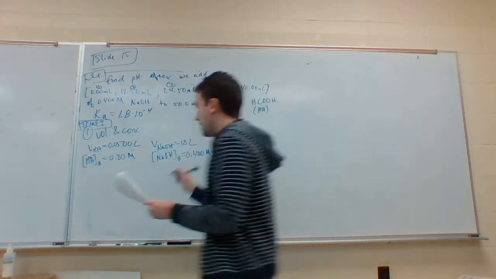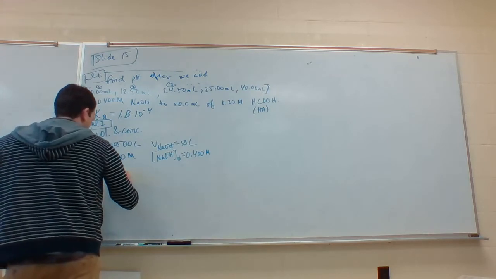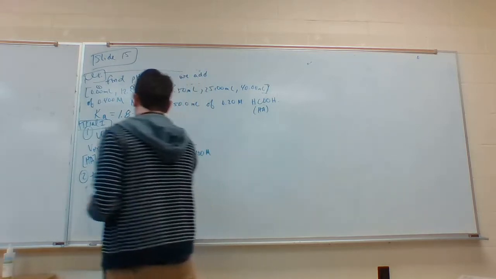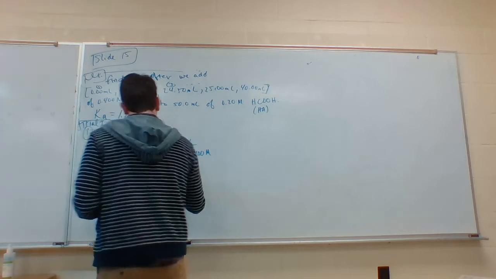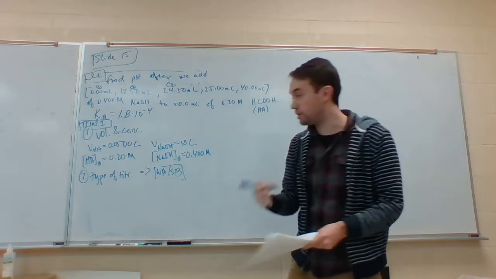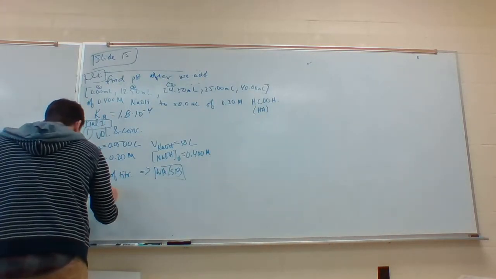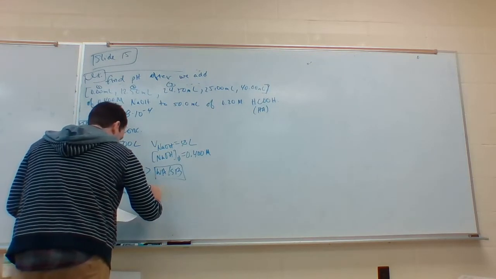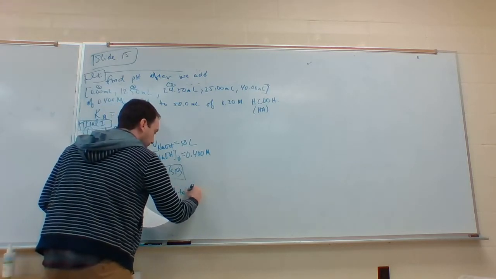Now, in step 2, we need to determine the type of titration. The type of titration in this case is a weak acid, strong base titration. So that means that we're going to follow the other procedure, which involves 2 steps. The first step involves a stoichiometry part, which means that we need a before and after table.